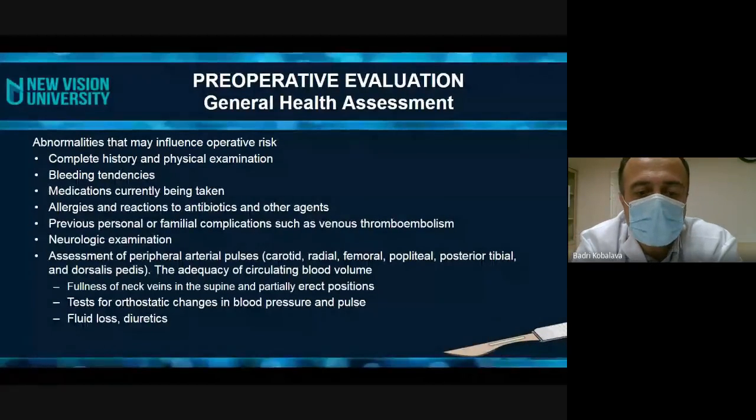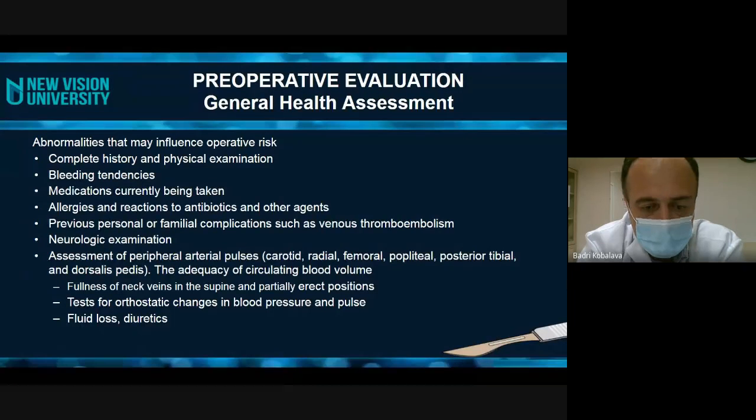Also, orthostatic changes in blood pressure and pulse are a good method to determine the deficit of the circulating blood volume. Especially asthenic individuals, if they get up quickly from the bed, can even lose consciousness because the heart cannot adequately pump the blood to the brain, and because of brain anemia and ischemia, they lose consciousness.